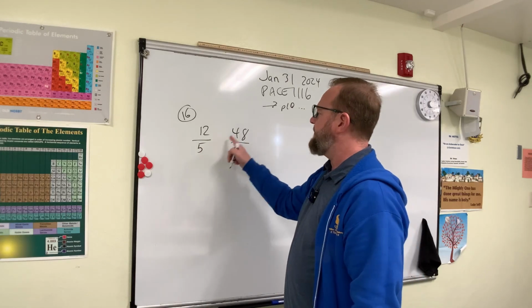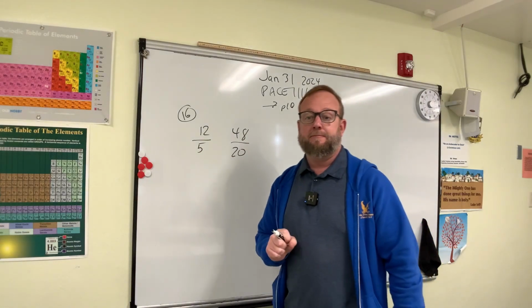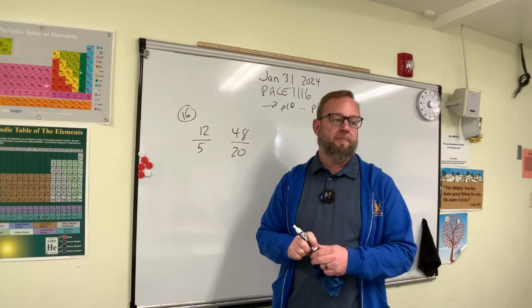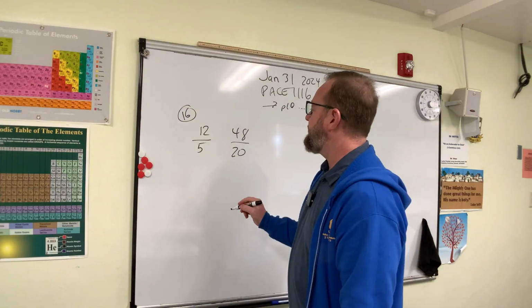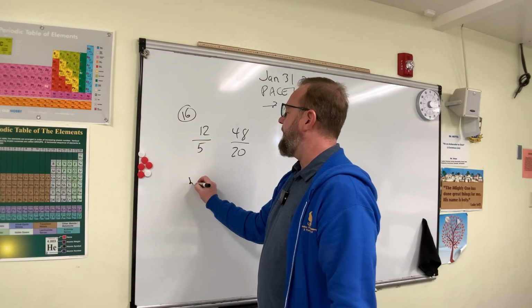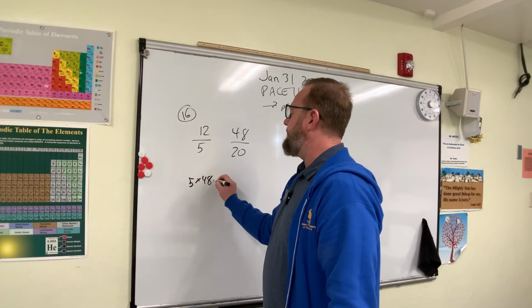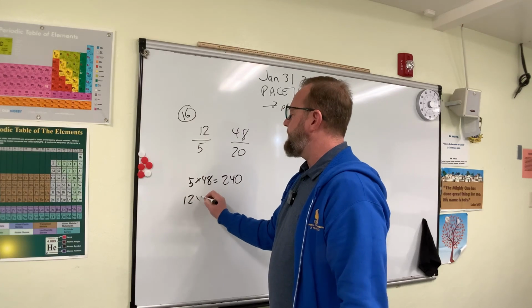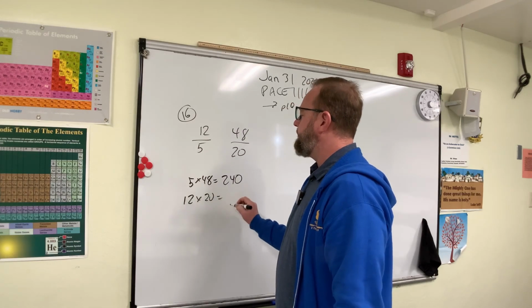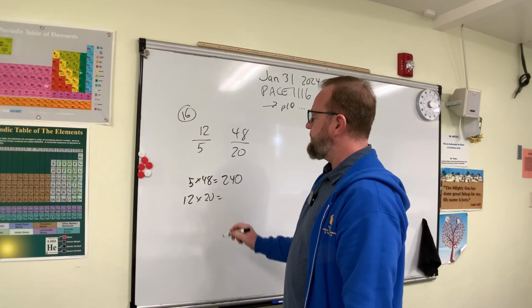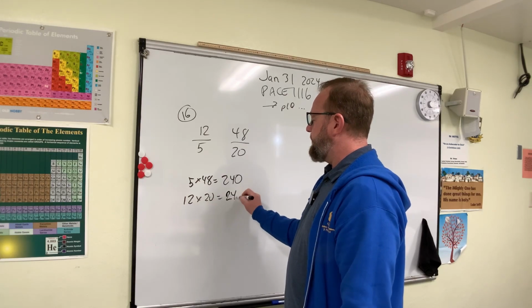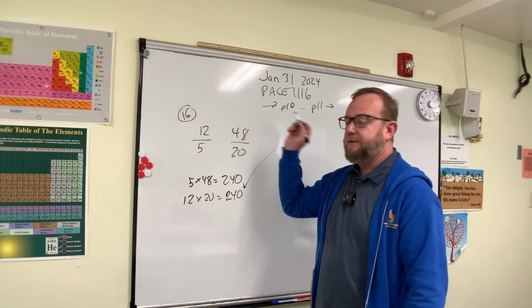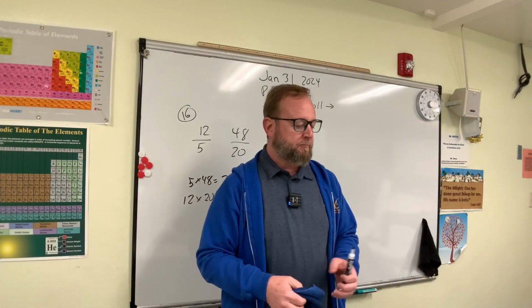And what is 5 times 48? Someone, anyone? 240. And what about 12 times 20? We see 12 times 20 would be 240. Good job. Works, so 16 is a yes.